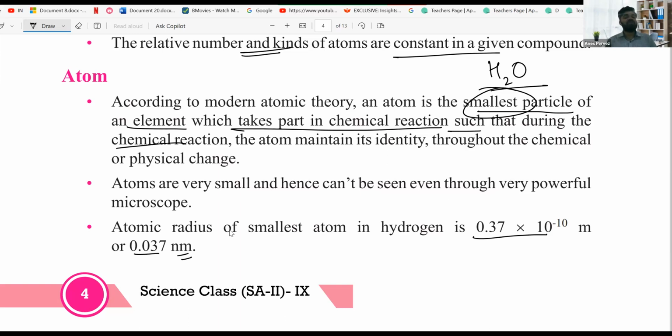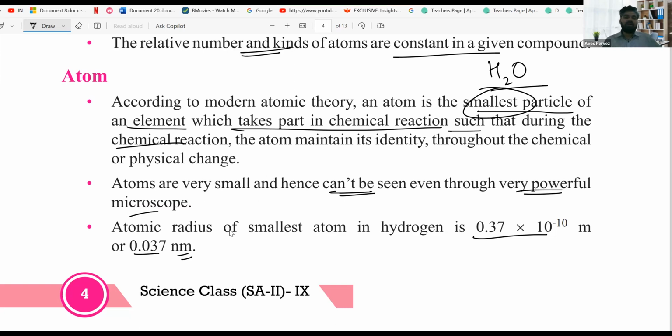So atoms are very small in size and can't be seen even with the help of a very powerful microscope. You cannot see the atom from that only. Hydrogen's size is this one, that is 0.37. So note this one.